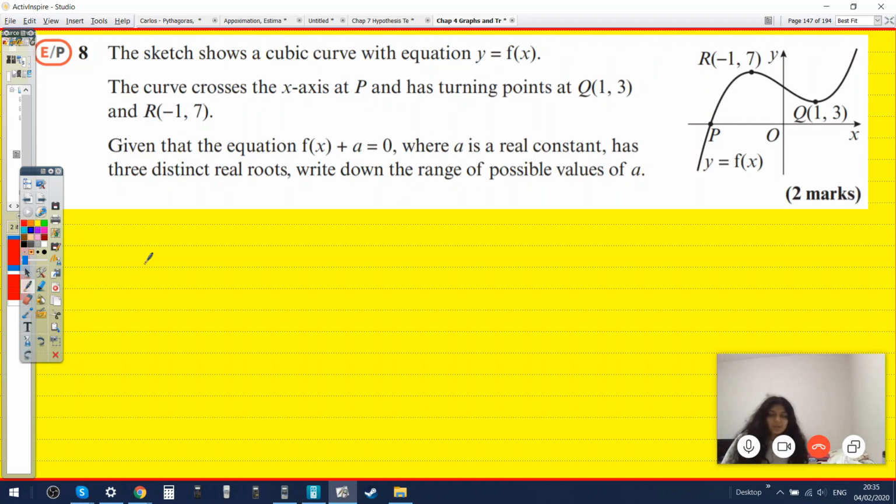By how many? Could they be 1? Sorry, minus 1 if you moved 1 down?